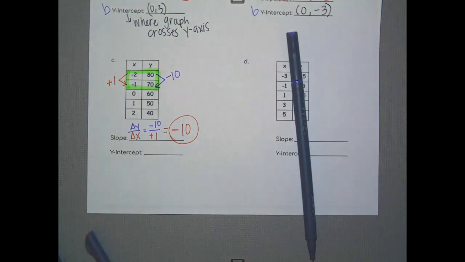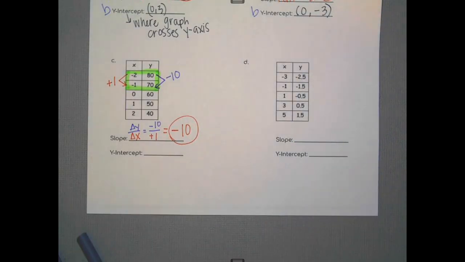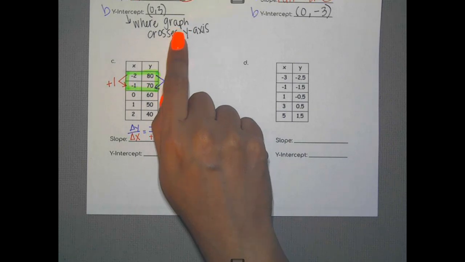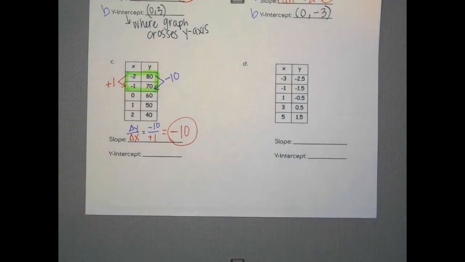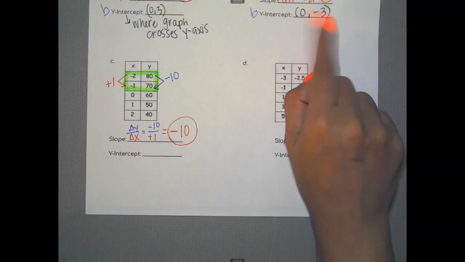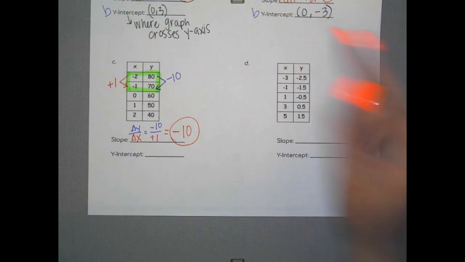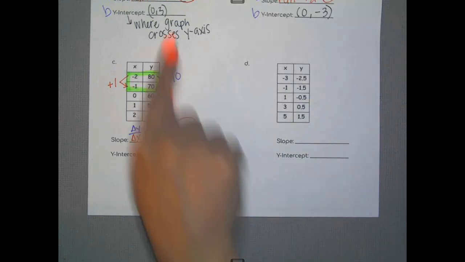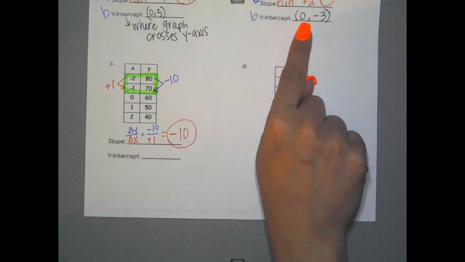All right. So on a table, to find our y-intercept, we said our y-intercept is where the graph crosses the y-axis. And that gave us the coordinate 0 and then our number for both problems, okay? So we wrote it that way specifically because that means when I'm looking at a table, I'm looking for when my x is 0.